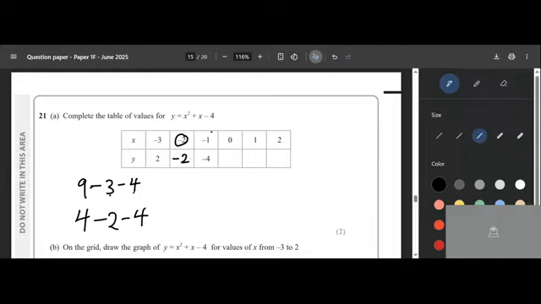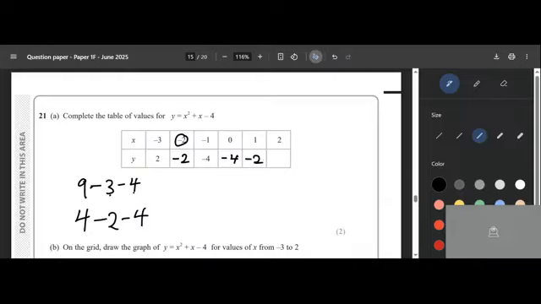What about 0? 0 squared is 0. 0 plus 0 is 0. Minus 4, we have negative 4. Then we have 1. 1 squared plus 1 minus 4 gives you negative 2.